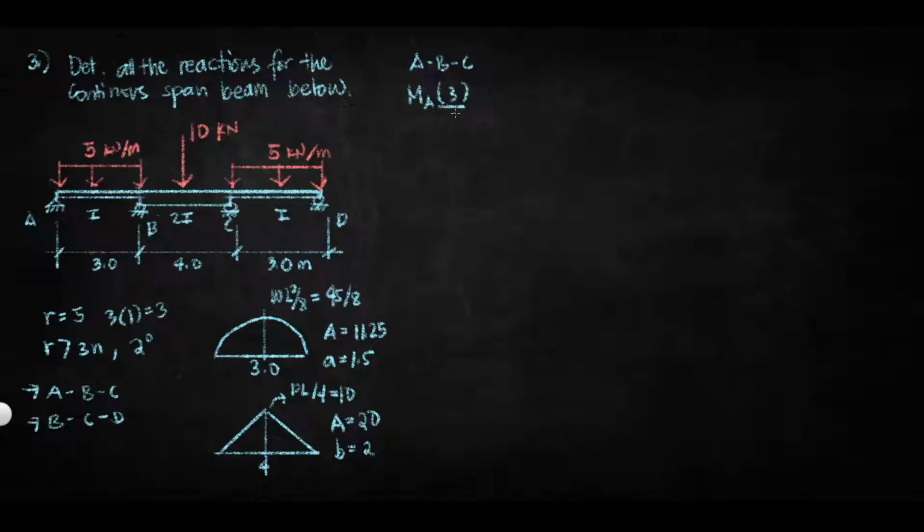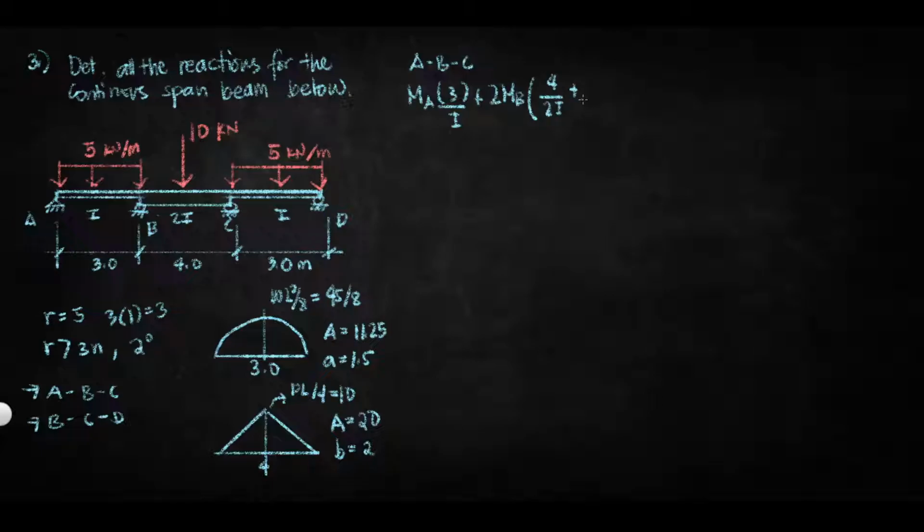So this is I. Then we have plus 2 MB times the quantity, the first span, which is L over I. So ang L natin is 4. So ang I natin is 2I.